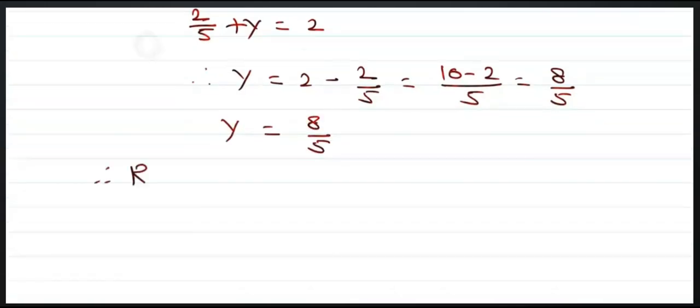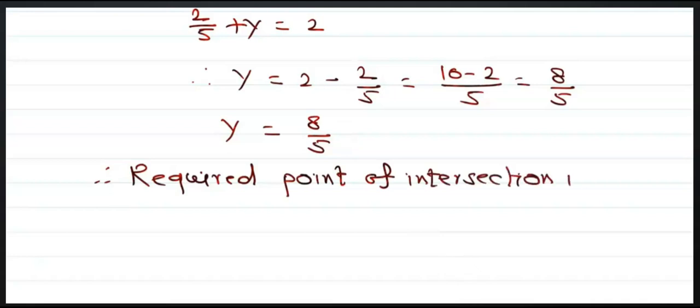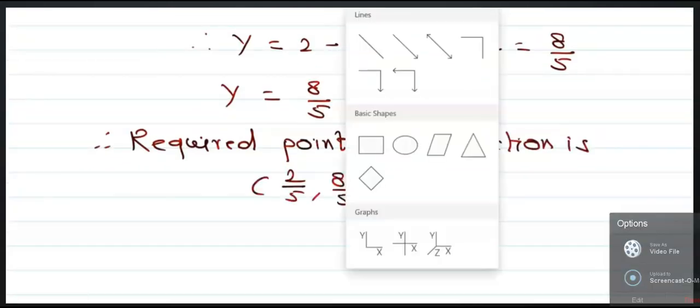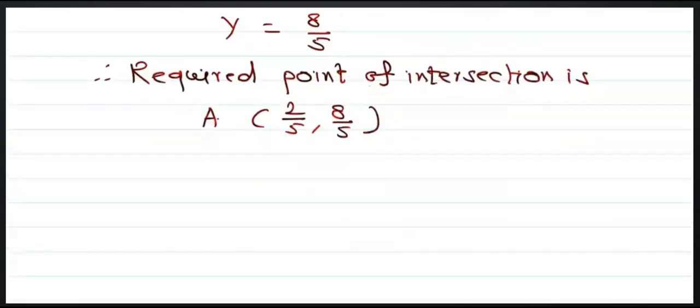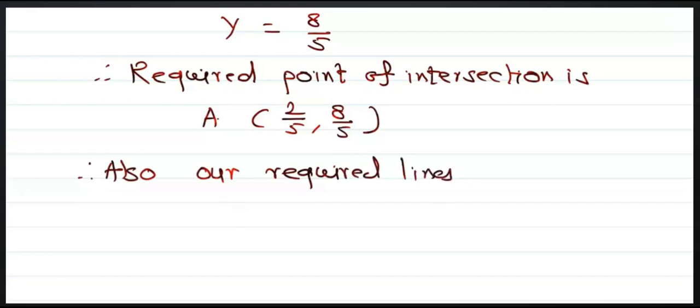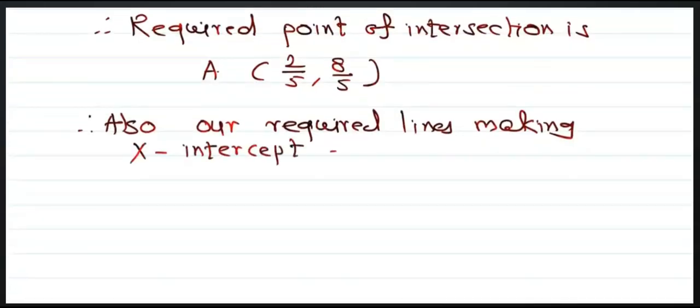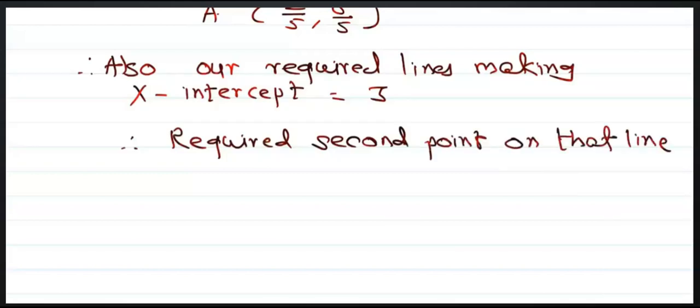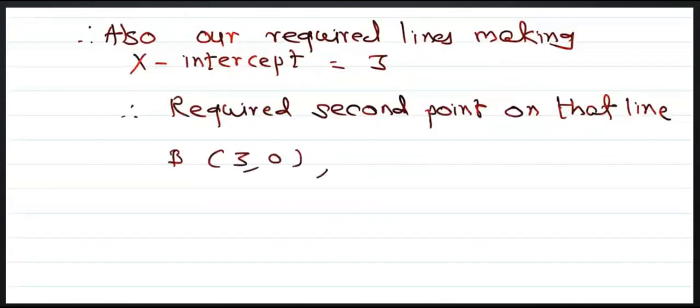Therefore, the required point of intersection is (2/5, 8/5). Also, our required line makes x-intercept 3. Therefore, the point of intersection with the x-axis is (3, 0).